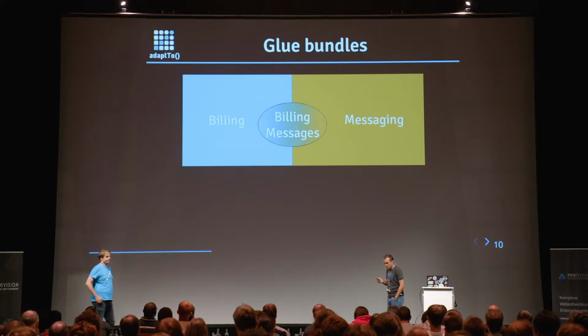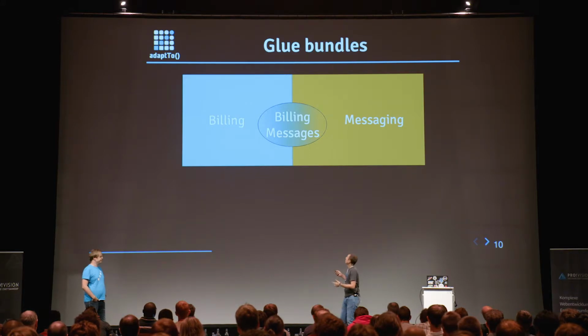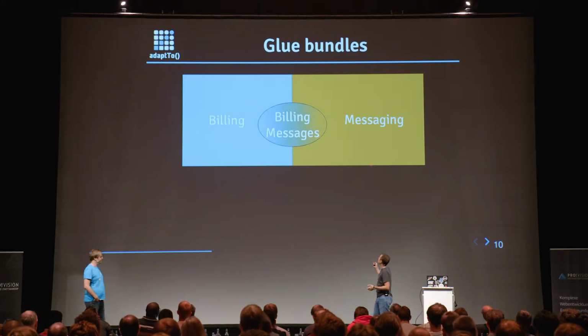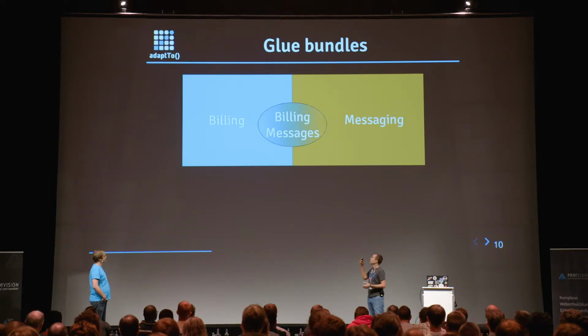One feature, Dominik was talking about features and how they group and they switch. So one example is you have two modules, I said here, billing and messages. And they are two well-defined, isolated modules, features, and they communicate using what I call a glue bundle, which groups the common dependencies.